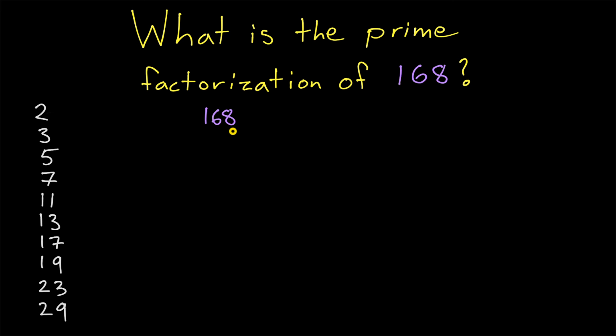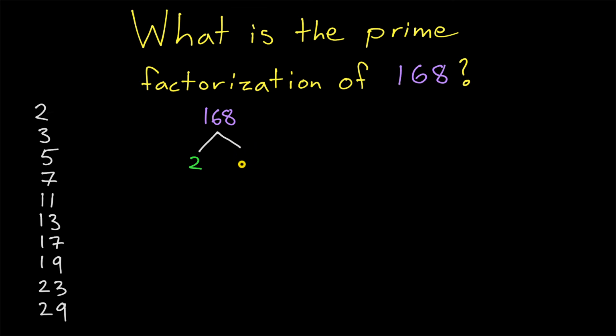So is 168 divisible by any of these prime numbers? In our particular case, it is immediately obvious that 168 is clearly divisible by some of these prime numbers, because 168 is even, and any even number is divisible by 2, so we will know that we can divide this number by 2.